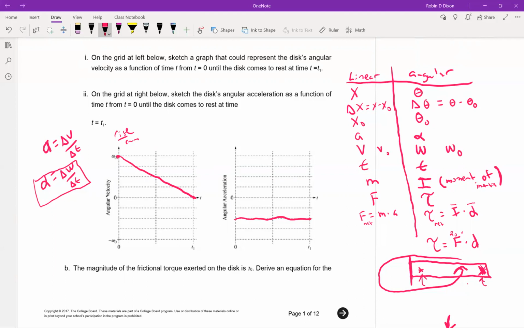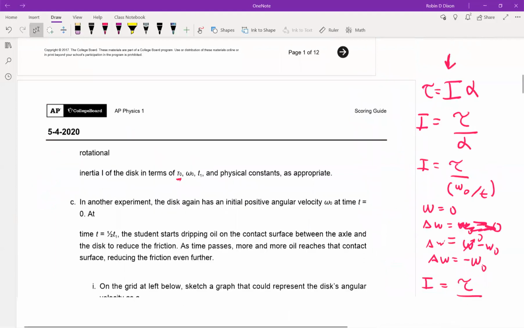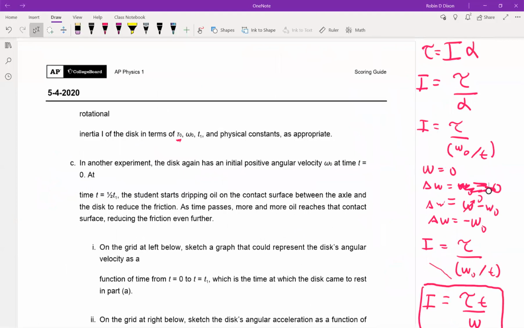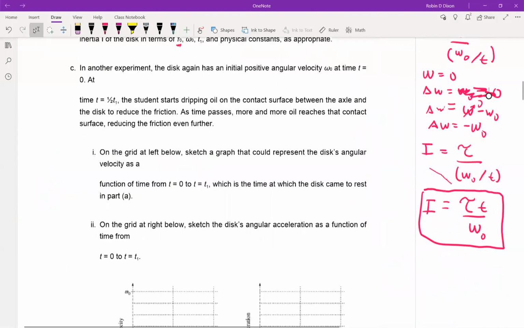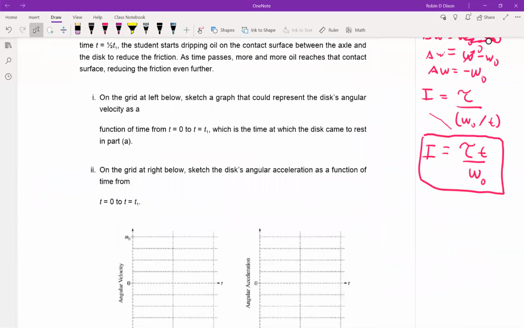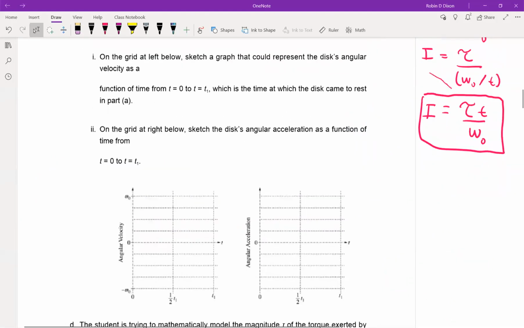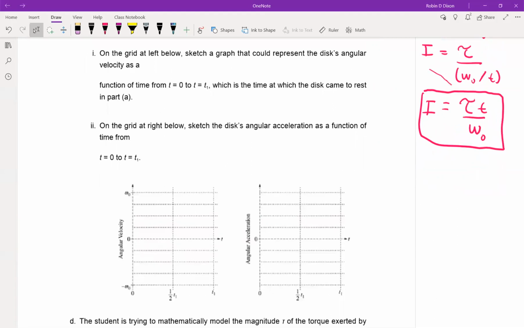So the force in this case causing it to slow down is the friction. Obviously, since we're adding oil, there's going to be less and less friction, so less and less of an acceleration as time goes on. Meaning if it's negative acceleration, it's going to slow down less and less.